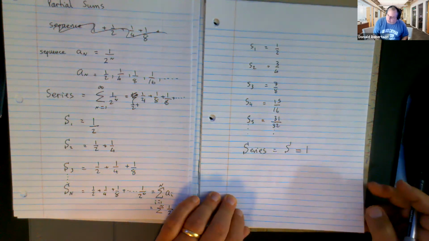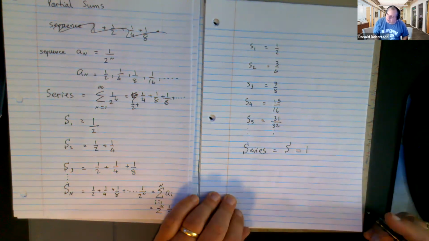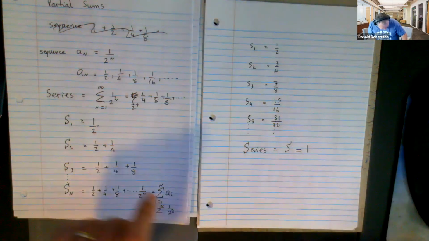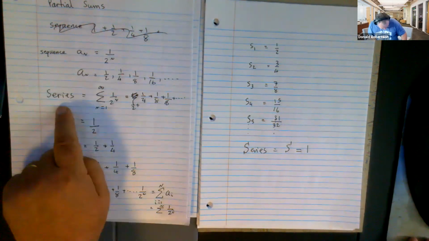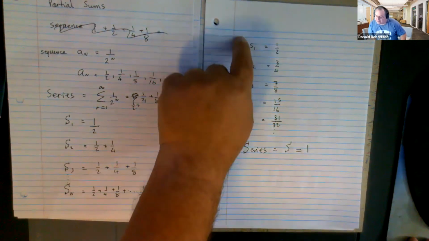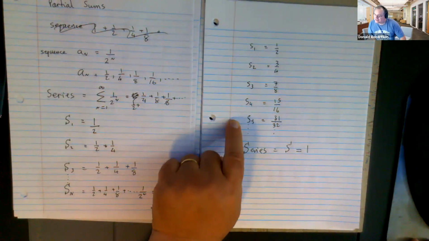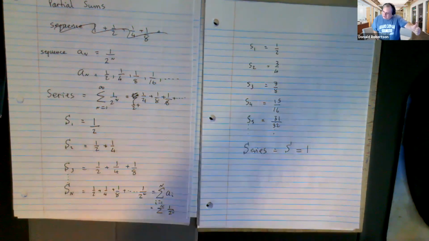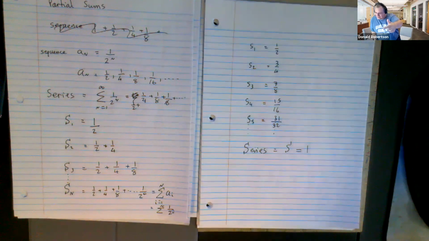Are we comfortable with the logic that we used here? We used the idea that you take a sequence that creates a series, and then that series generates a sequence of partial sums. So you start with a series, you add up all the terms, and then you use that series to create a partial sum sequence.